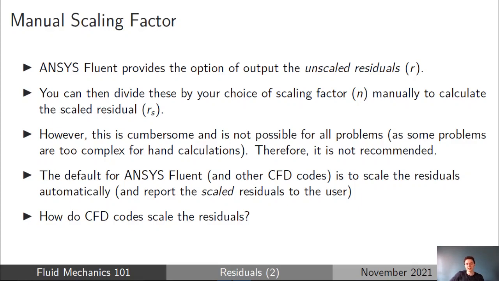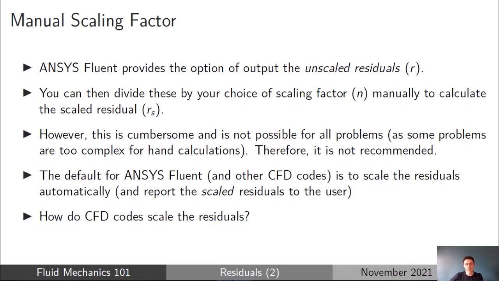Now, naturally, this is quite a cumbersome process, having to divide things yourself, or sometimes in CFD codes you'll have an option of a scaling factor you can input yourself, and you could just input it into the code.